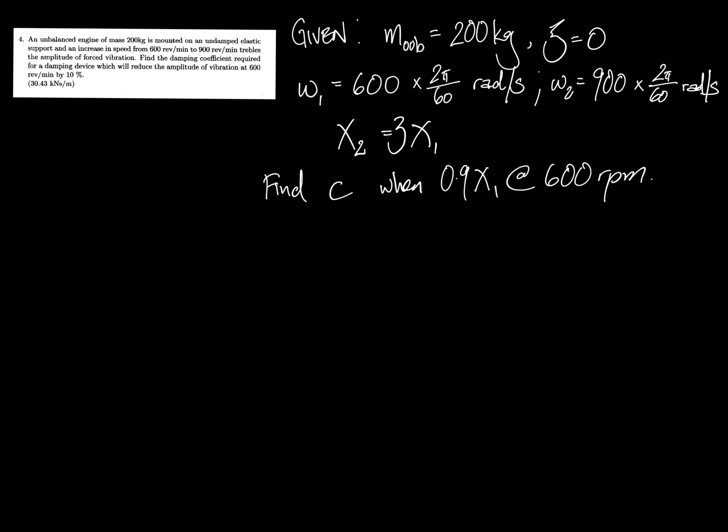And now let us pull out the equation. For forced vibration, the amplitude x will be equal to Fo over K divided by the square root of 1 minus beta square.